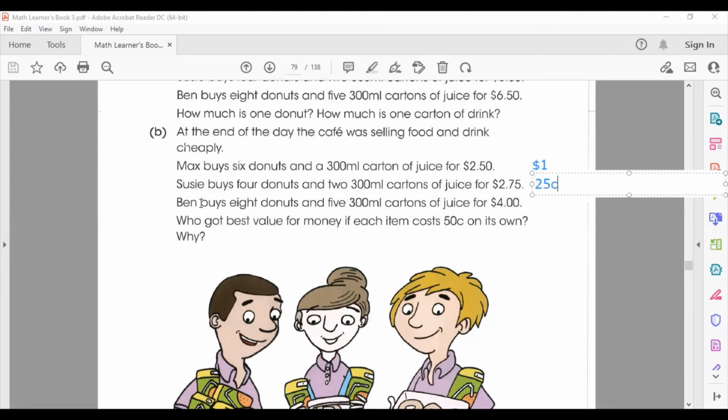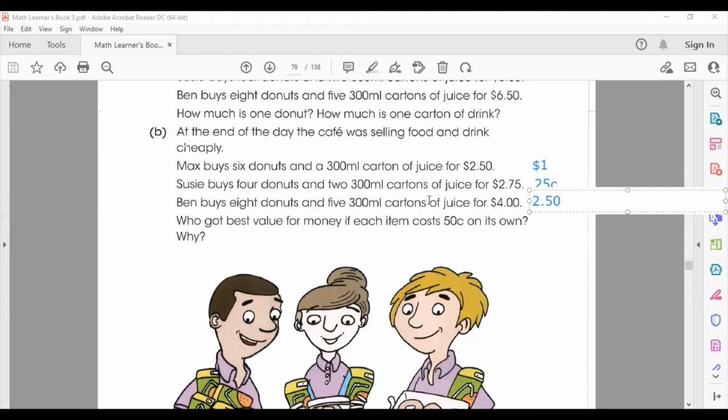Okay, Ben buys 8 donuts and 5 cartons. 8 plus 5, 13 for $4. What's the price for 13? If I buy, it is $4 plus $2.50 which is $6.50, and he paid $4, it means he saved $2.50, a lot of money. $2.50 he saved.